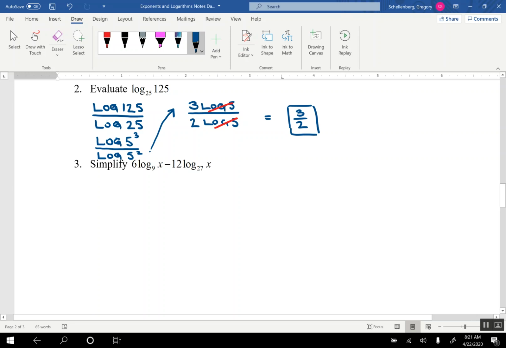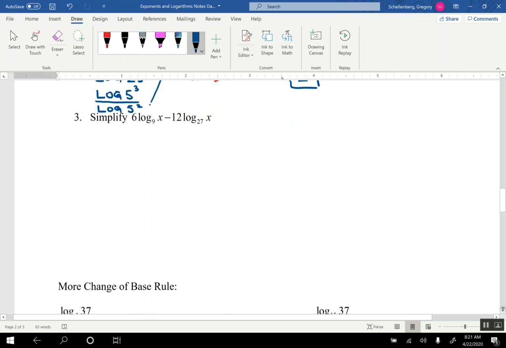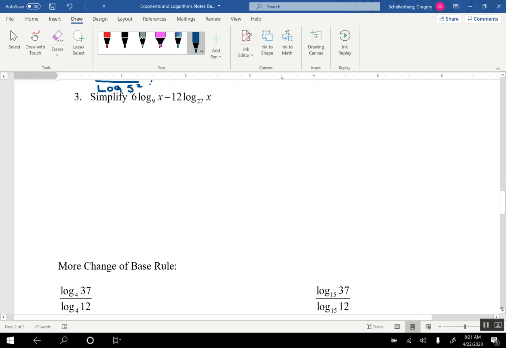Okay, how about something like this? We've got 6 times log base 9 of x minus 12 times log base 27 of x. Okay, so let's begin by using power law. We'll take those coefficients 6 and 12 and we will move them to become exponents to the argument.